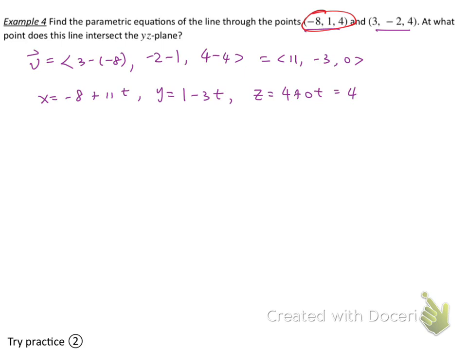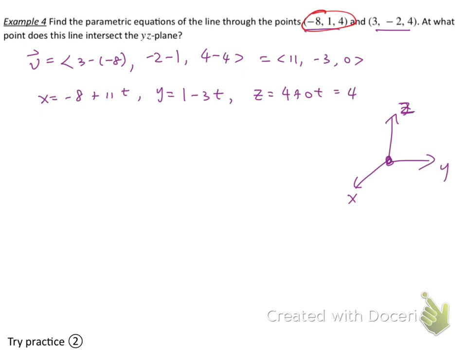The next question, at what point does this line intersect the YZ plane? What is the YZ plane? The YZ plane is the plane that's like in the back, right? How do you describe it? You start from here, then you go anywhere left and right, up and down.